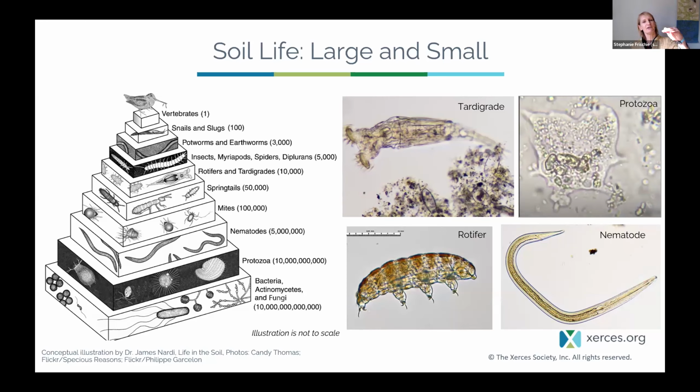As you go up, you get into larger body types, and then you'll have fewer of those for a given volume of soil. The photos show some of these microfauna, the smaller animals: tardigrades, rotifers, nematodes, and then a non-animal group, the protozoans.